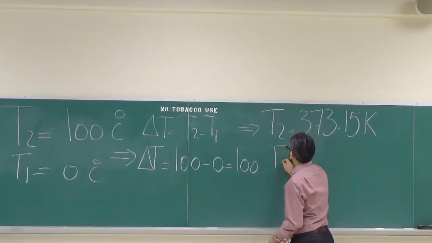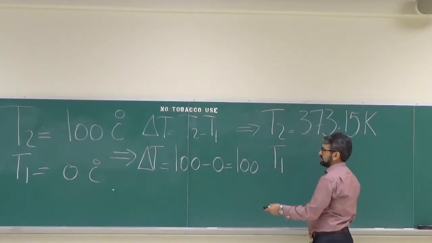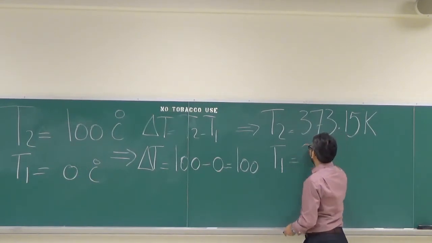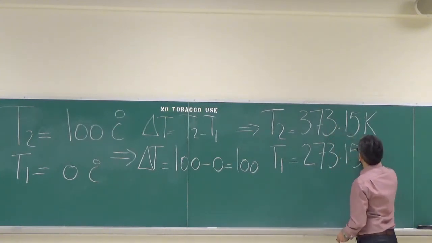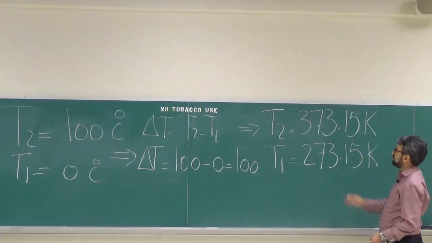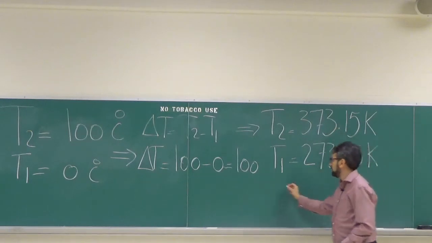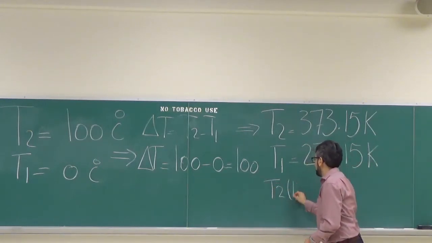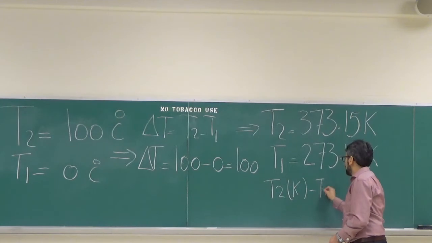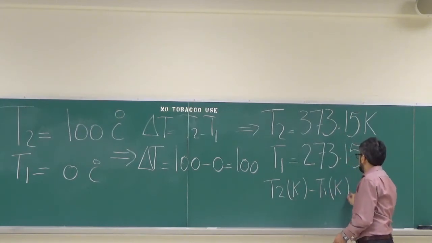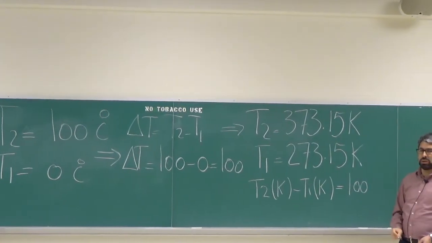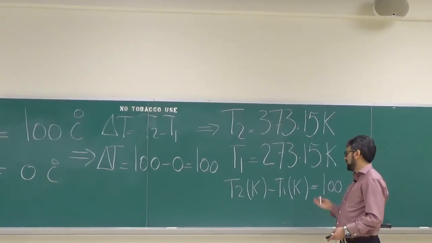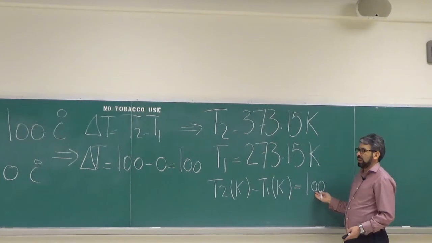And T1, here T1 is 0 degrees Celsius, it will be 273.15 Kelvin. Subtract these two numbers. If you subtract them and say T2 in Kelvin minus T1 in Kelvin, again, it's going to be 100. So mathematically, it's not really changing the final answer.